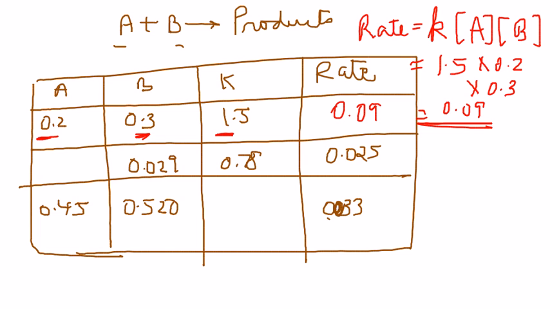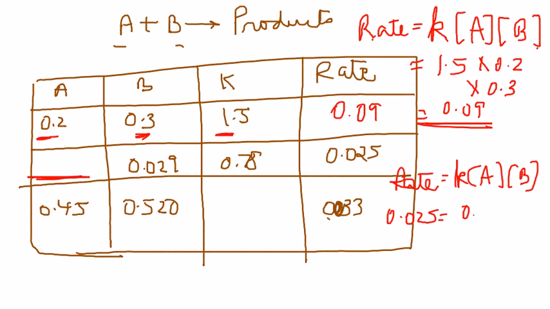Likewise, you can use the same rate law expression and plug in the value of B, K, and rate, and hence determine the value of A. So you can again use the same method, use the same rate expression. Rate is given to be 0.025, K is given to be 0.78, A is what I'm seeking, B is 0.029.